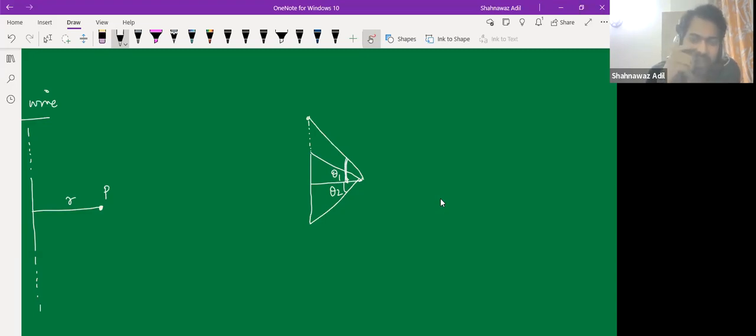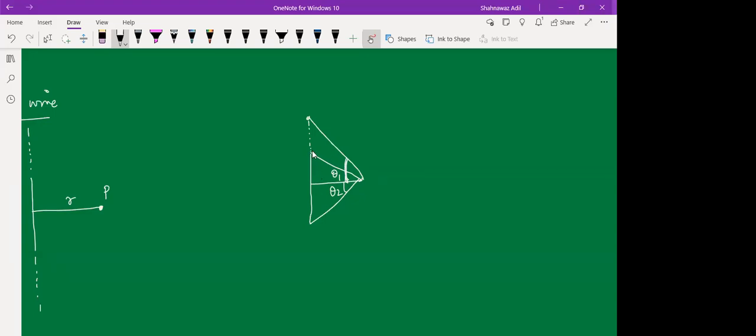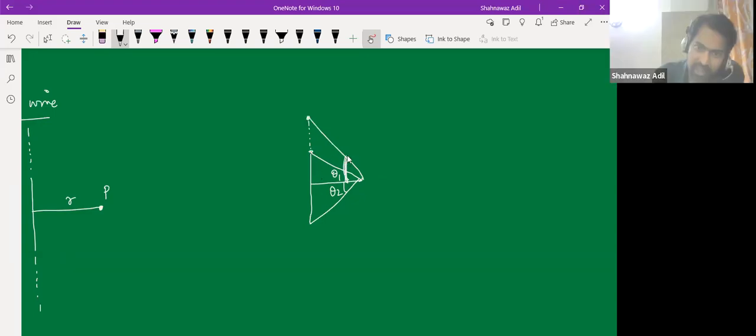Will it increase or will it decrease? Yes, Aisha and Pia, what will happen to theta 1 if I increase? So theta will increase.